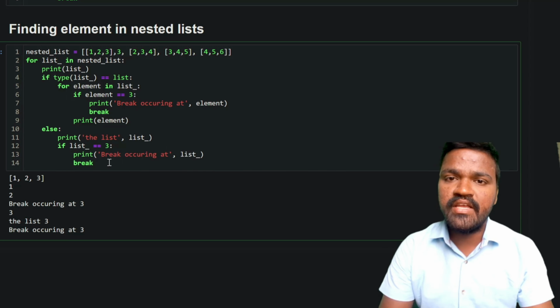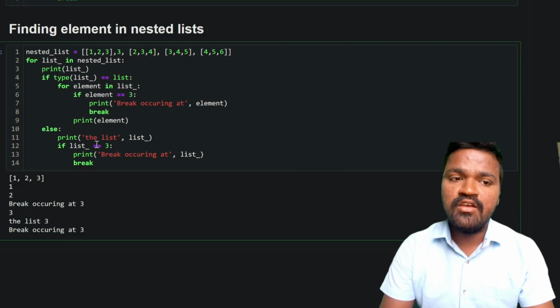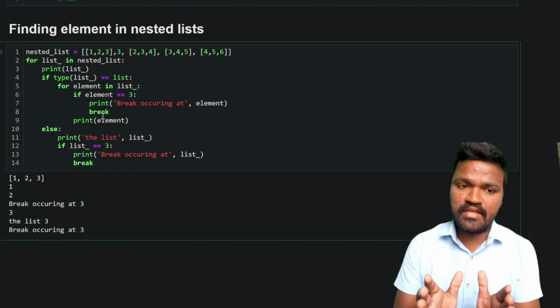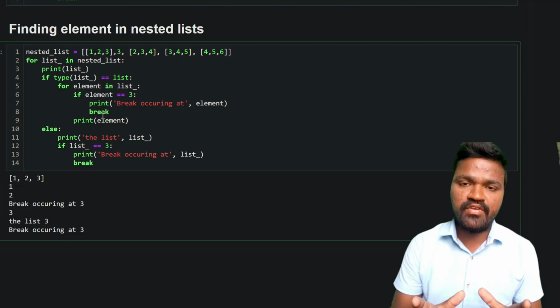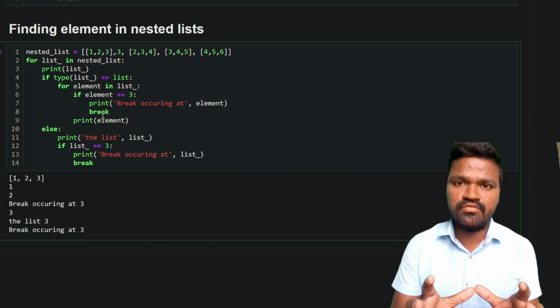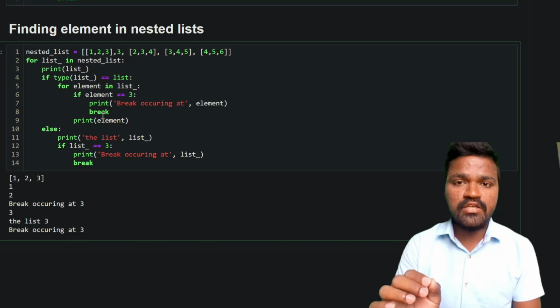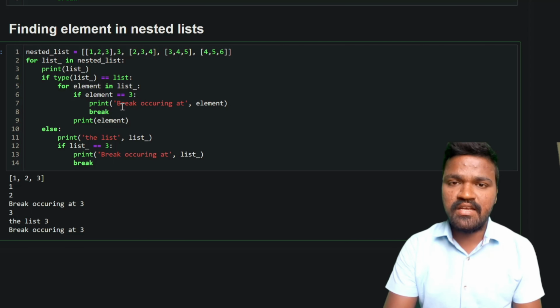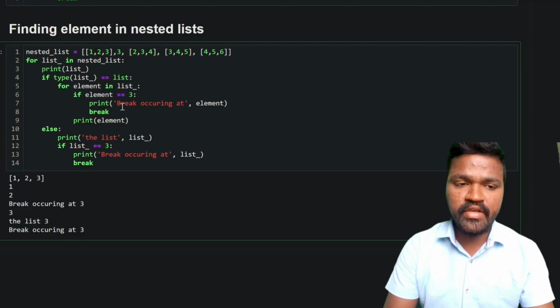As and when this outer loop break is executed, we won't get an opportunity to go to the inner loop because the outer loop itself is going to be terminated. I hope you can understand. If you still find any difficulty, I sincerely suggest you pause the video and watch once again carefully, because this is a very important break in the nested list.